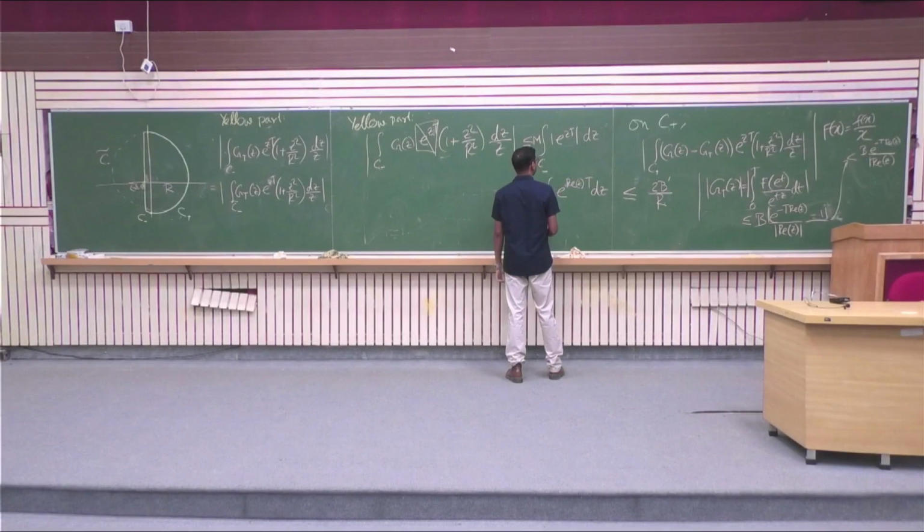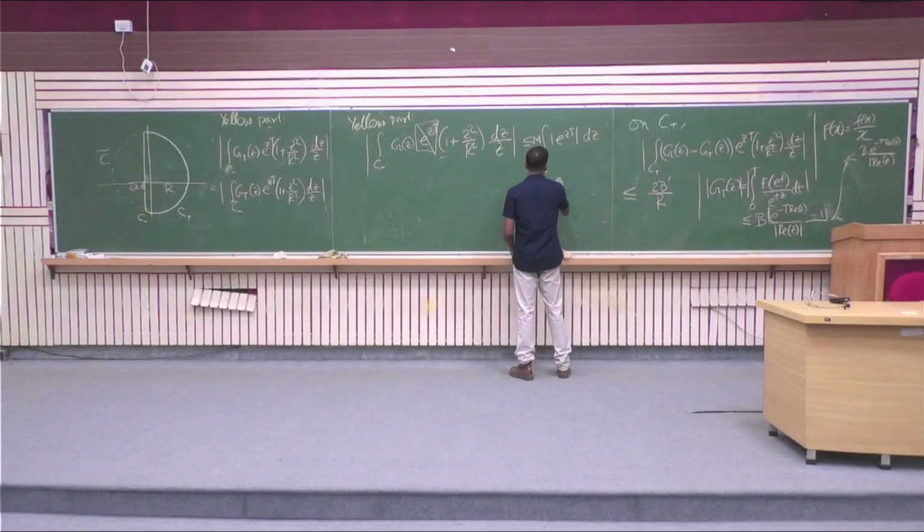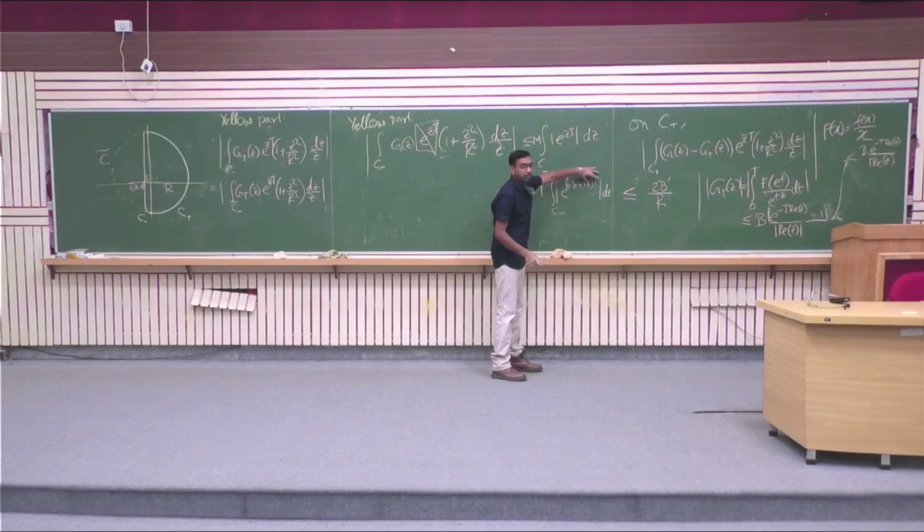We can actually write immediately that this is the integral over C minus of e to the power, and here let's write it clearly, the absolute value of minus delta plus i times t, dz. Now the absolute value of that i t factor is just 1, right?